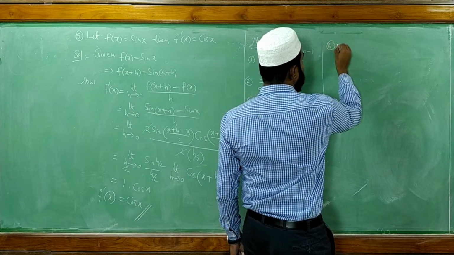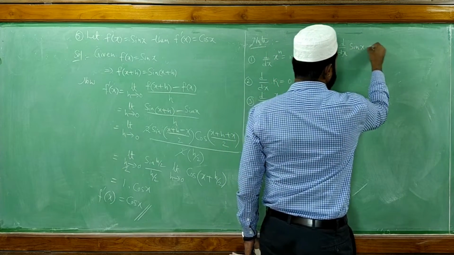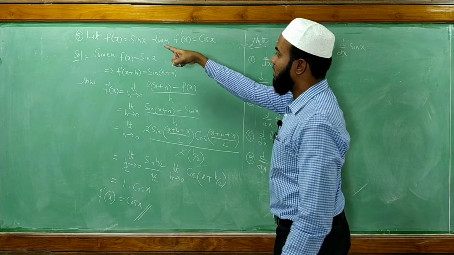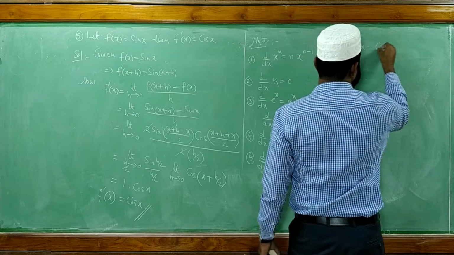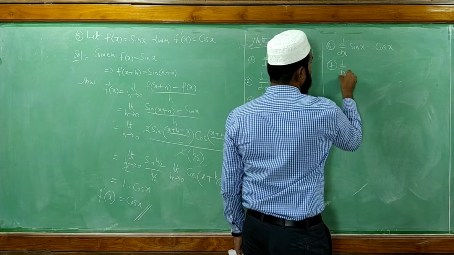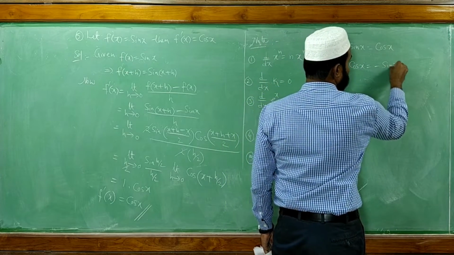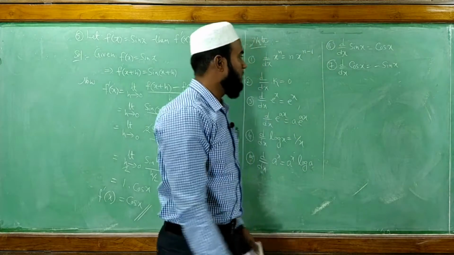Sixth formula, that is d by dx of sin x. This we have proved just now. Derivative of sin x is cos x, right? The next one, d by dx of cos x is minus sin x. We can prove this also, right?